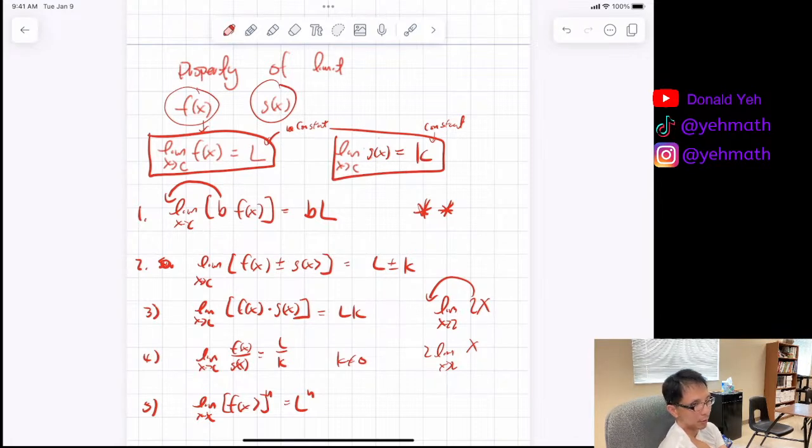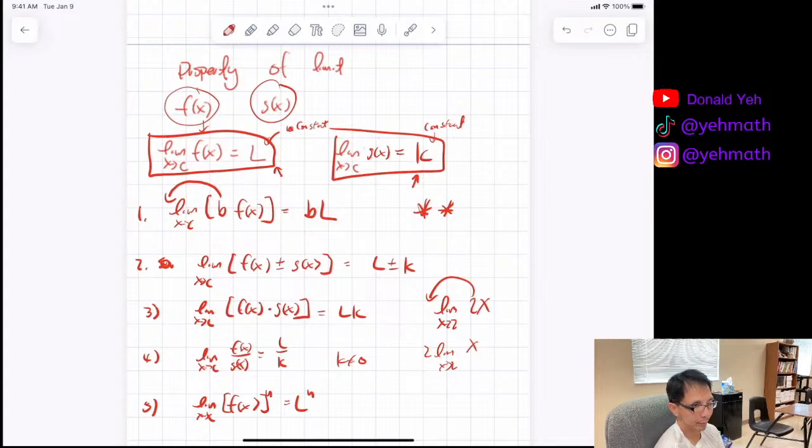L over k totally makes sense. Number 4, k cannot equal 0, because the denominator cannot equal 0. Number 5, it's going to be L to the n. They are very intuitive. Just think of it every time you look at this. The limit as x approaches C of f of x is always going to be L. Now, this is a property of limits, nothing crazy.